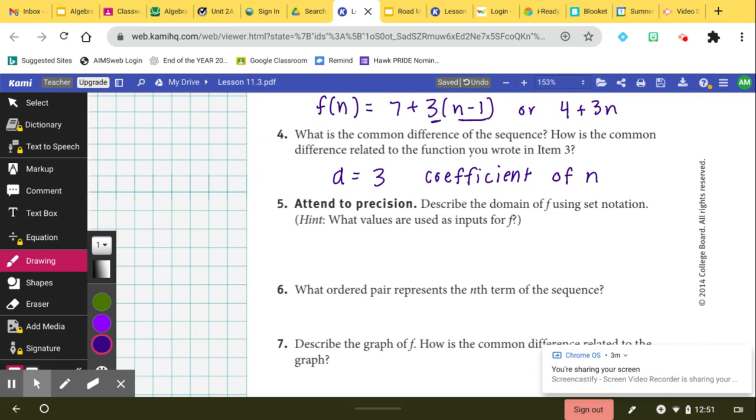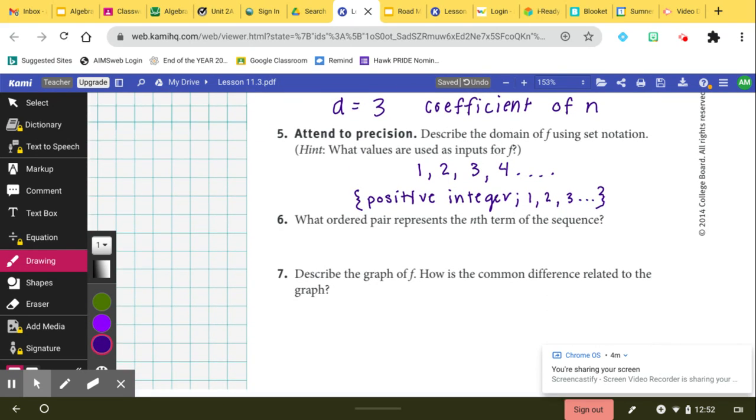Well, if we think about my arithmetic sequence, we have terms in the first position, second position, third position, fourth position, and so forth. We can't technically have anything in the 0 position, or in negative positions. So my domain would just be positive integers. That would be my domain because those are my inputs. They're the position of my terms, which would be 1, 2, 3, and so forth.